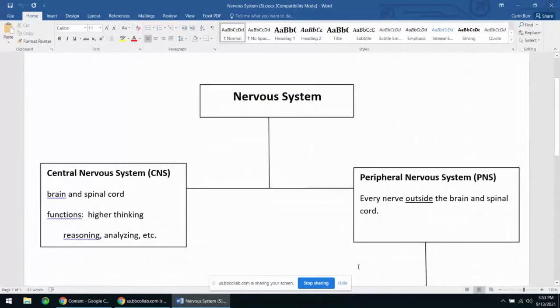So hear me say, the nervous system is initially, hear me say that word, initially broken down into these two parts. The central nervous system, the CNS, which includes only the brain and the spinal cord, and the peripheral nervous system, which is everything else, okay?